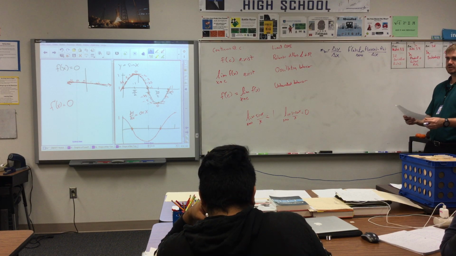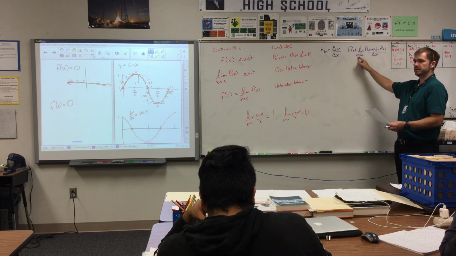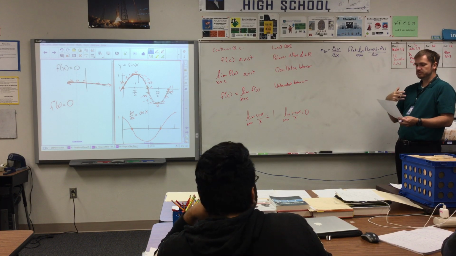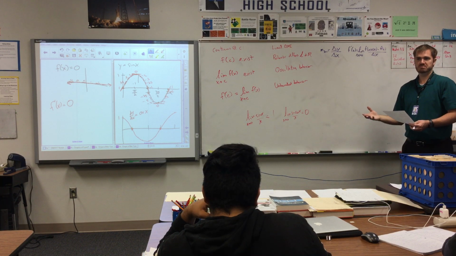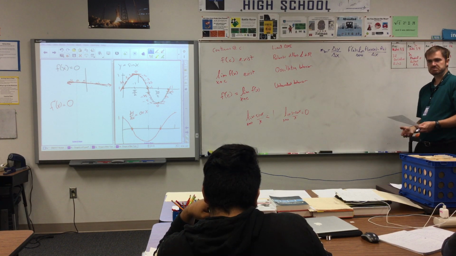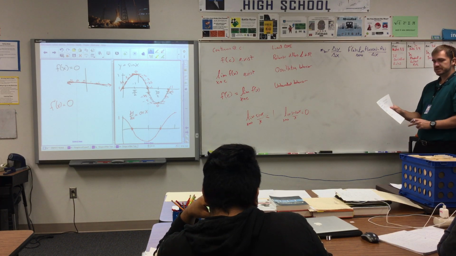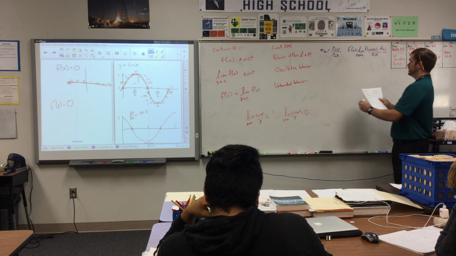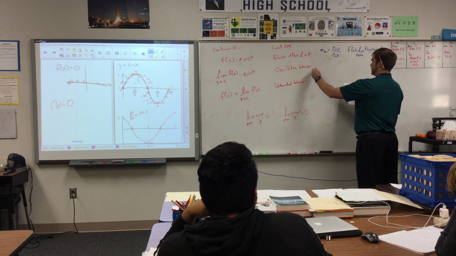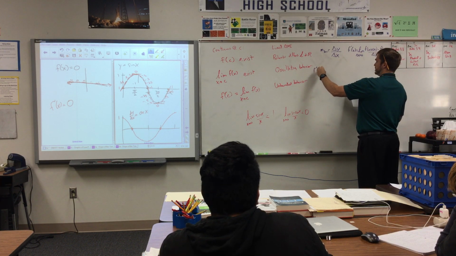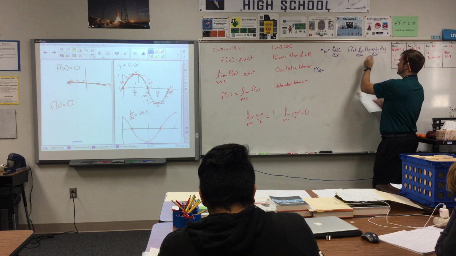For weird, strange reasons, mathematicians don't always use delta x right there. Sometimes they just use h. So item 3 says definition of the derivative using h. I literally want you to write h in every location that there is a delta x here.